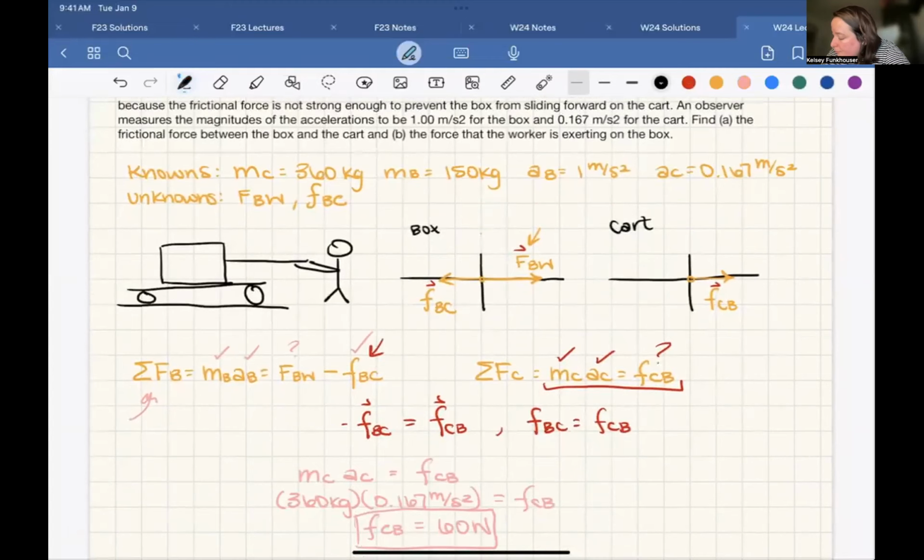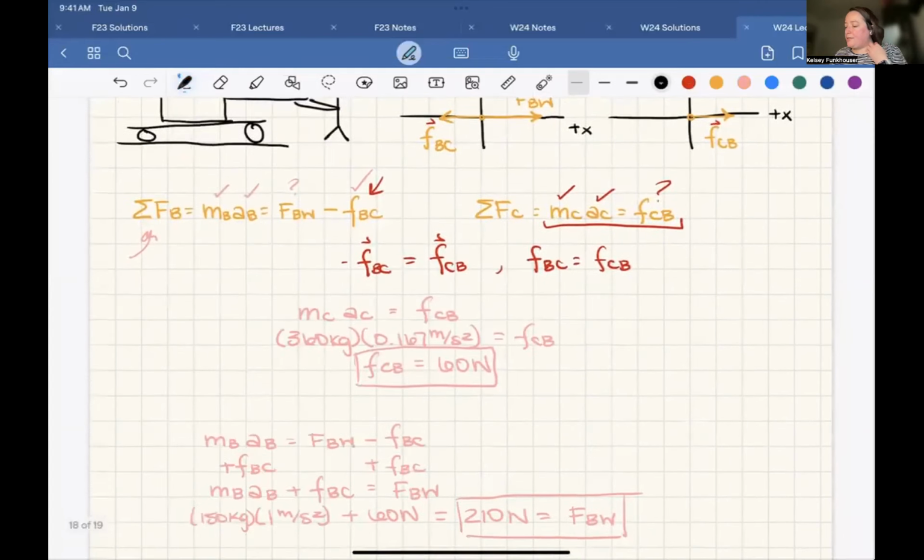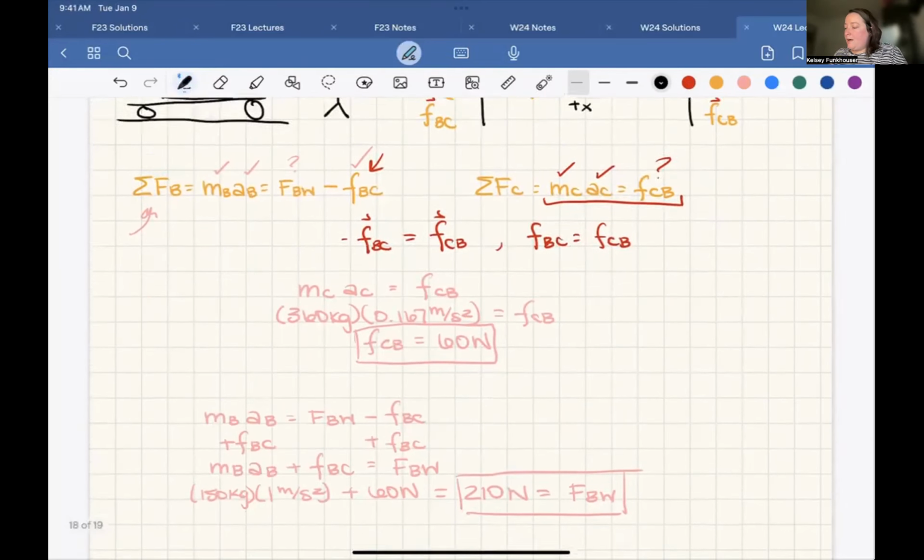The force that the worker applies to the box is in the positive x direction, and the friction force between the box and the cart is in the negative x direction. So we just subtract one from the other. We also noted that those two friction forces are the same, or at least equal magnitude.